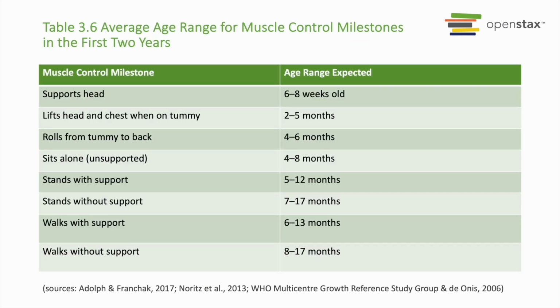Table 3.6, average age range for muscle control milestones in the first 2 years. We're going to look at the muscle control milestone first and then the age range expected.